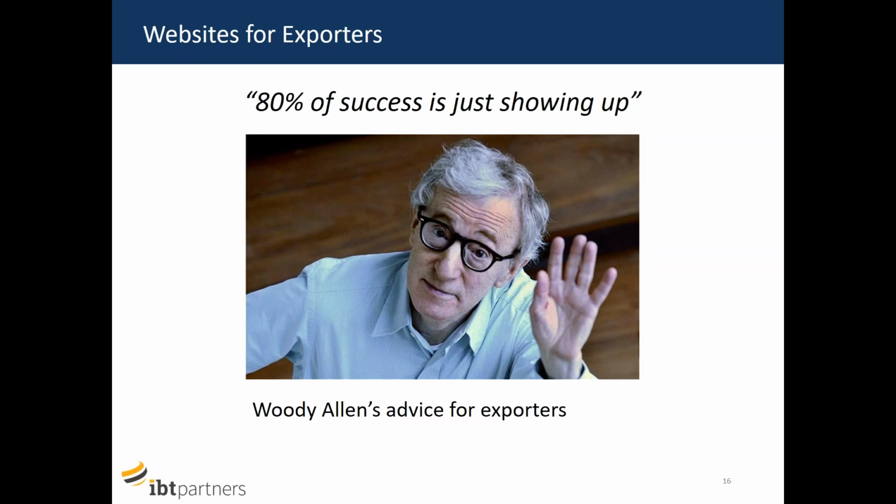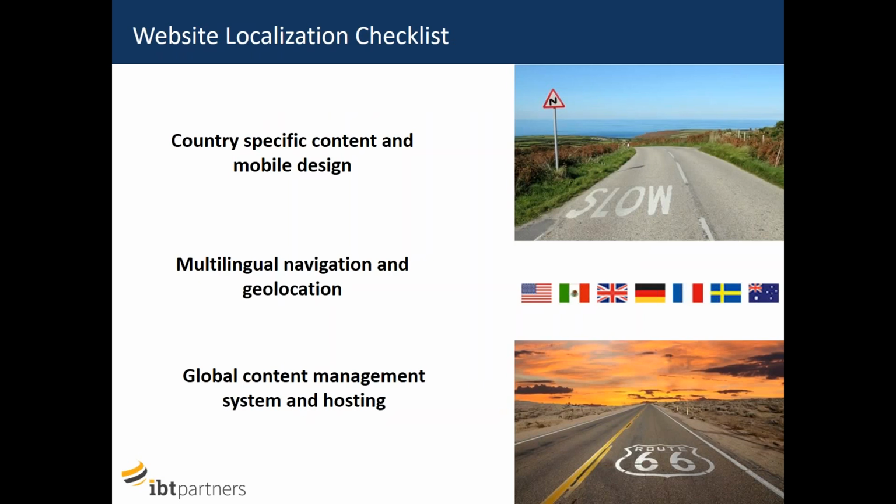Just starting here, a localized website has country-specific content and mobile design. So, it means that the design and the content are really rooted in the local culture, in the local country-specific ethos and ways.